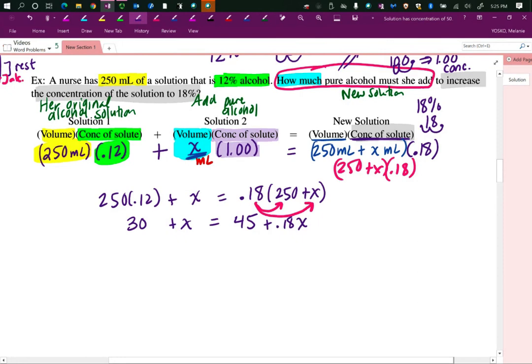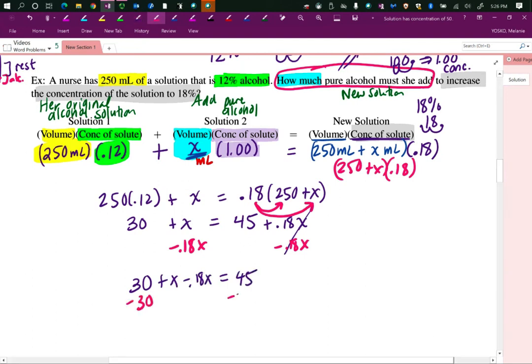Now we're going to get all the X's on one side. So we're going to subtract 0.18X from this side and bring it over here. Those are going to cancel. We're going to have 30 plus X minus 0.18X equals 45.